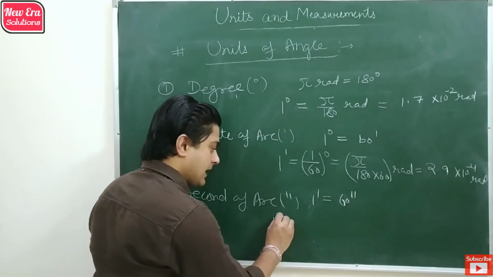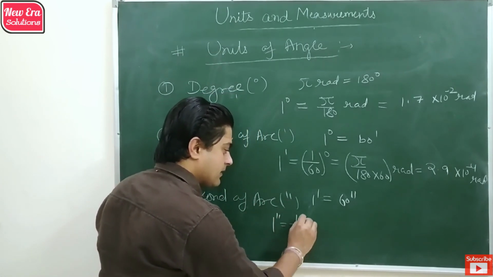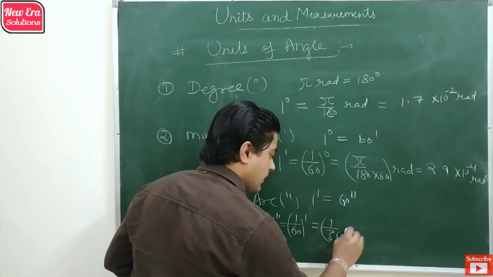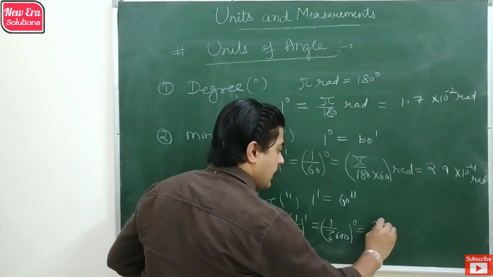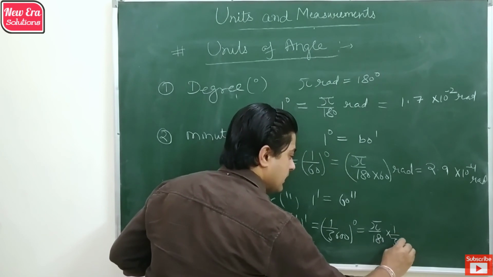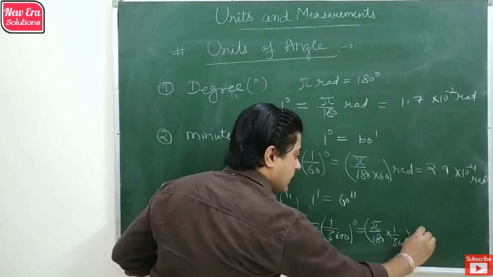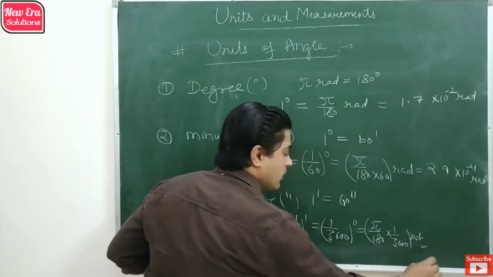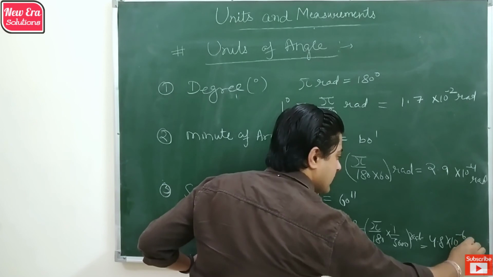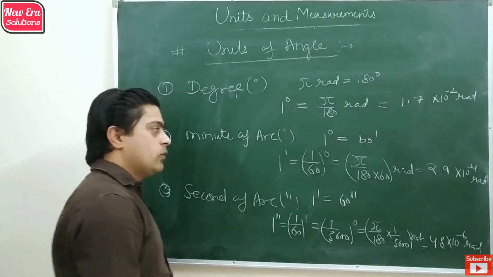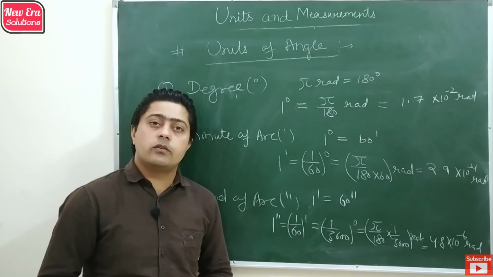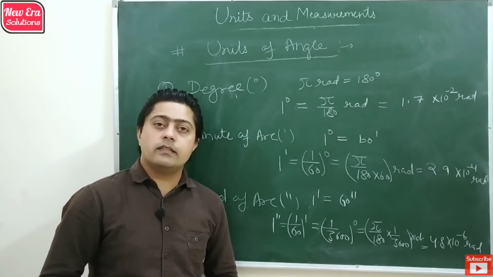So 1 second is equal to 1 by 60 minute, and 1 by 3600 degree, and pi by 180 into 1 by 3600 radian, that is equal to 4.8 into 10 raised to power minus 6 radian. So by using these conversions, we can convert any unit of angle into the standard unit of angle, that is radian.